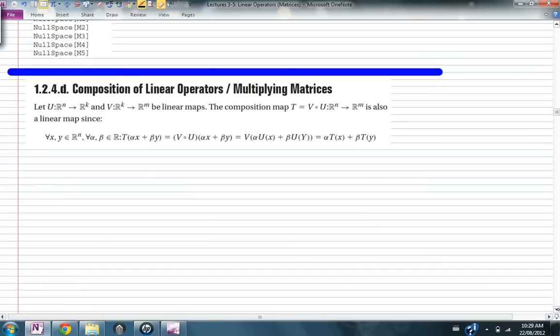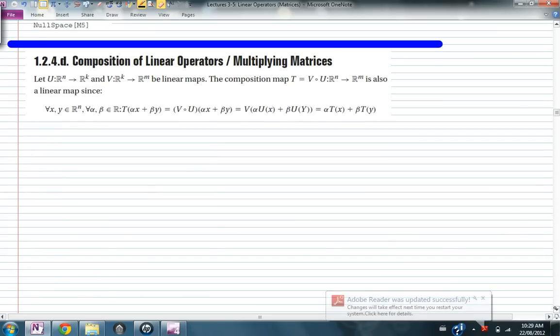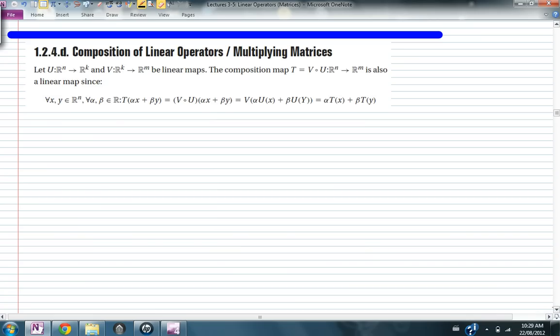The last thing that we're going to discuss in this portion of the lecture is how can I multiply matrices by each other, or what does it mean that I'm multiplying matrices by each other? In general, the function of a matrix is that it takes a vector x and gives me a vector Mx.